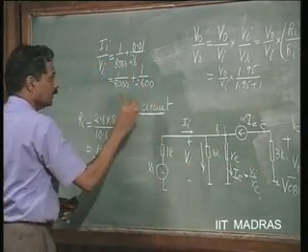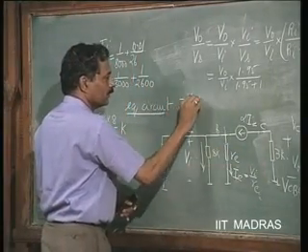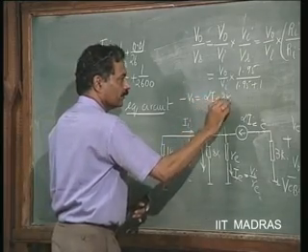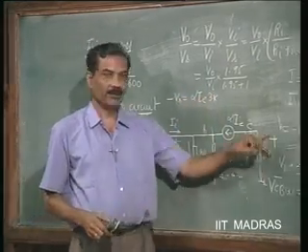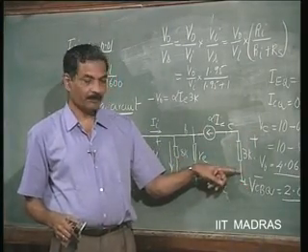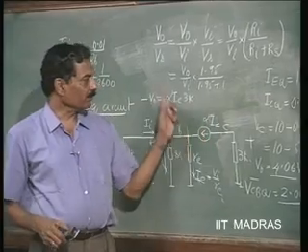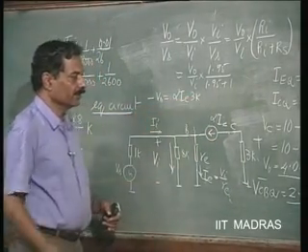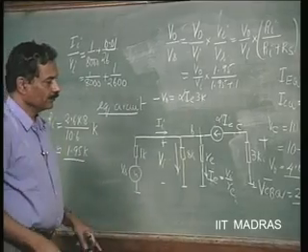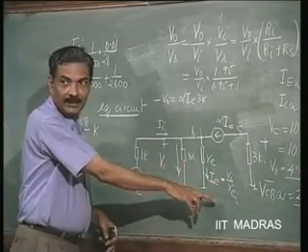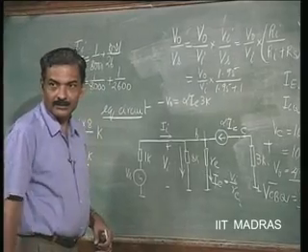So, minus V naught is equal to alpha I e into 3k. Is that clear? This is assumed as plus and this as minus. So, alpha I e will produce plus here and minus here. So, minus V naught is equal to alpha I e into 3k, and I e is already known as V I divided by R e.